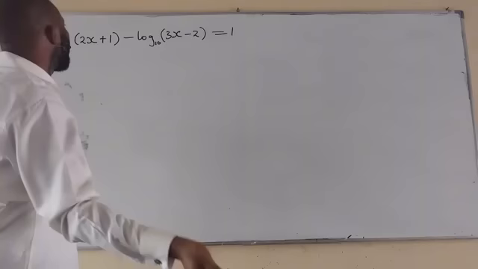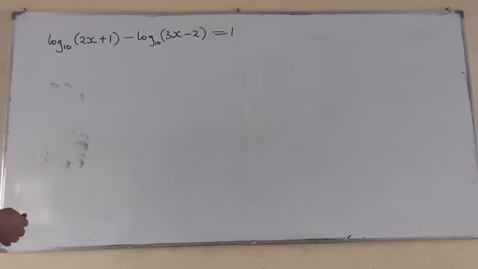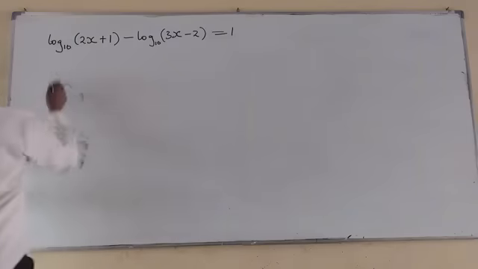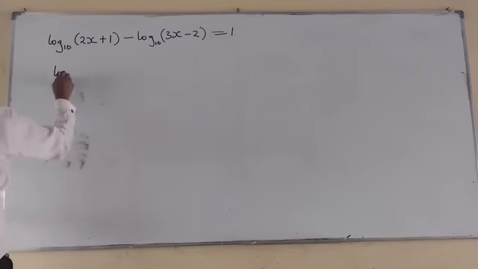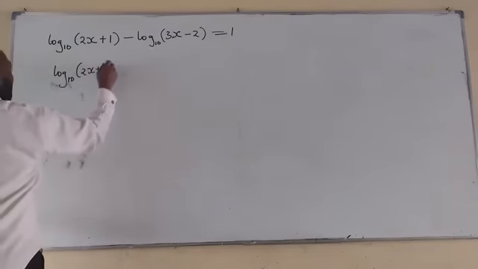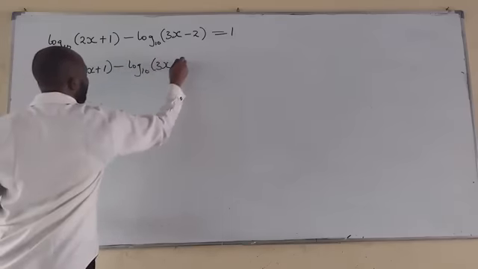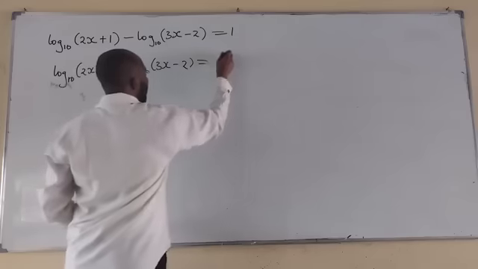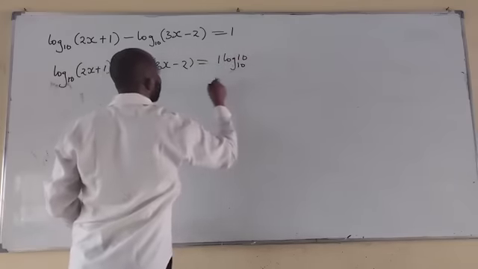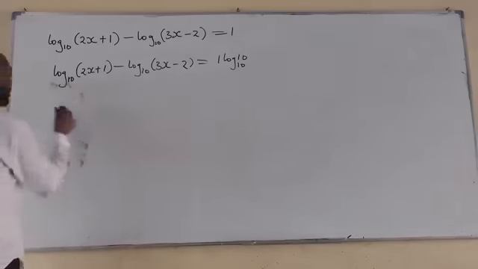So here again we just do what we know how to do best. I can now introduce the other way. I have log in base 10 of 2x plus 1 minus log in base 10 of 3x minus 2 is equal to 1 log 10 base 10. So let me start evaluating both sides.